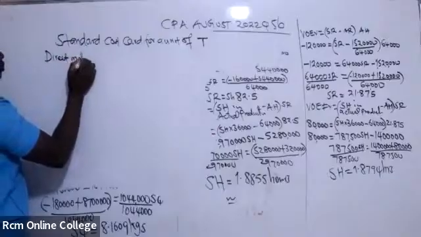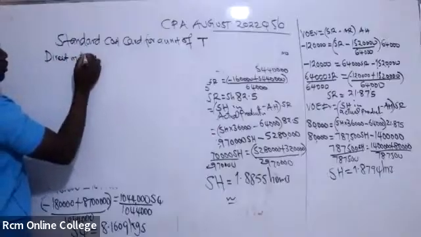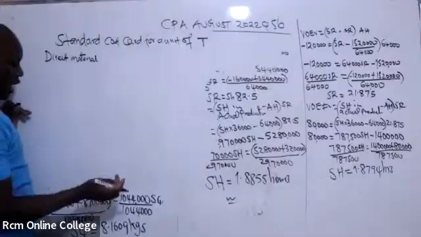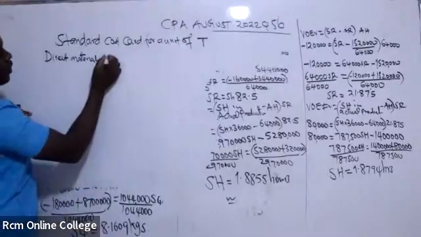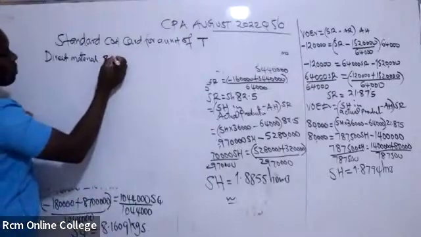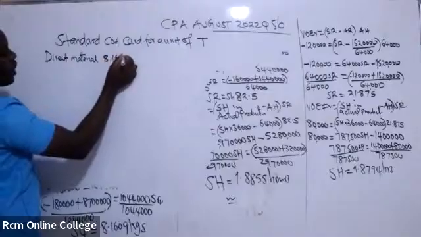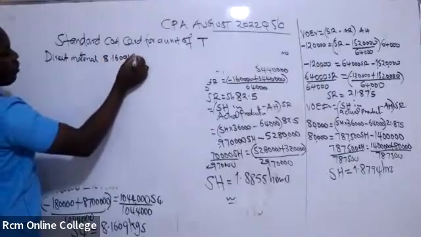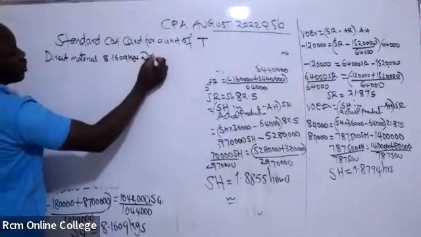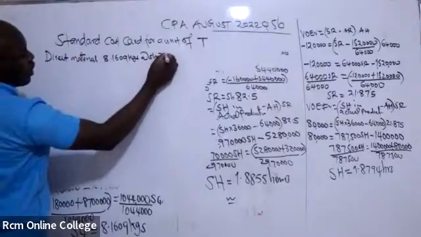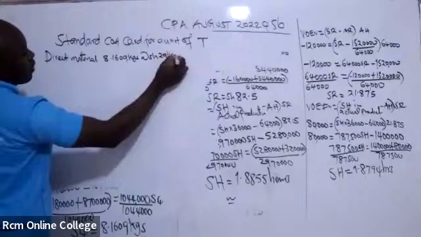There are about 8.1609 kgs that are required at shillings 29 per kg.